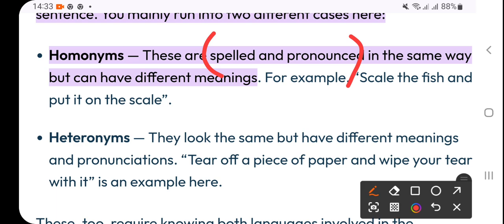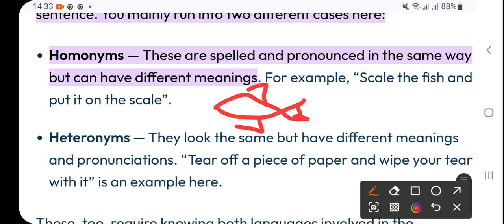For example, scale the fish and put it on the scale. Suppose this is the fish. So scale the fish, and put it on the scale.